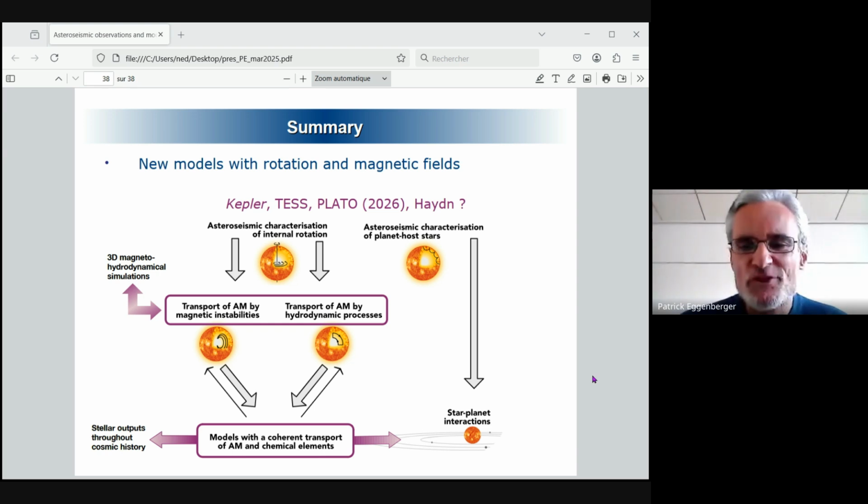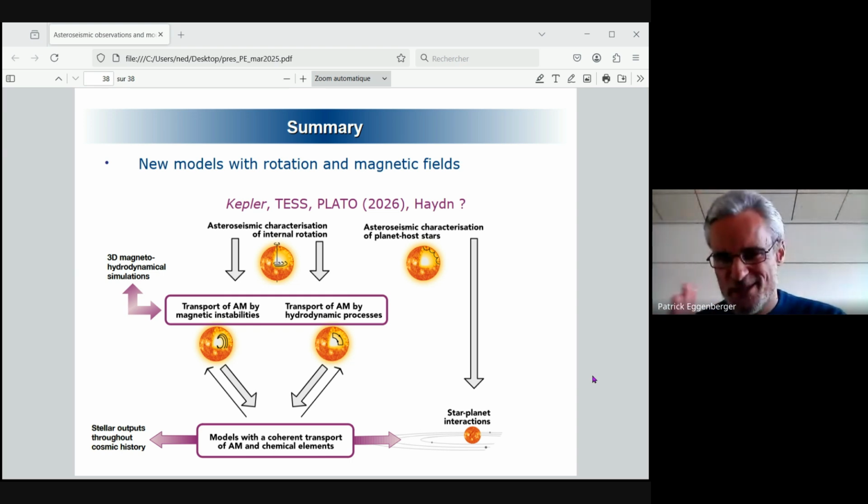Yes, this is a very interesting point. I would say that for the Sun, what we see with the work by Suzanne Talon is that you are able to extract angular momentum from the central region. But this is done with propagation fronts. So at the end, you obtain a profile that is in much better agreement than without internal gravity waves.